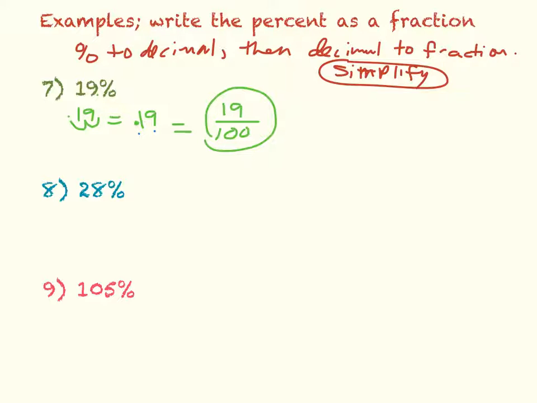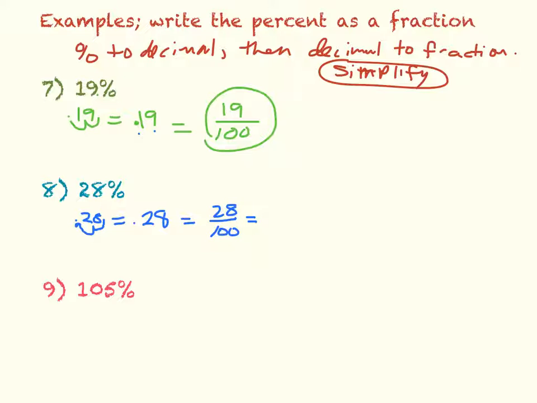The next one, I have 28%, so I'm going to change that into a decimal, move my decimal 2 spots, and I have 0.28, and that's going to give me 28 over 100, but that's not simplified, so I need to simplify that out.